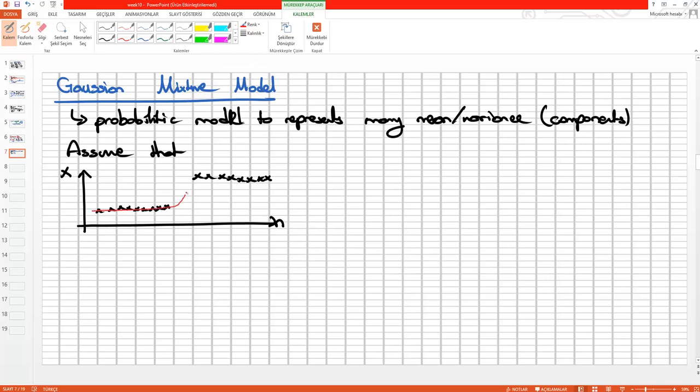We can just write this function like the exponential function, but this could be class 1 or class 2, right? In the normal distribution we have only one mu, but one mu cannot represent these things, because we must create two mean values or expected values for this case, right?